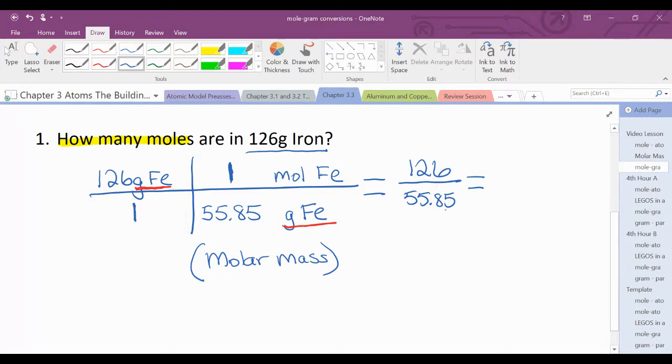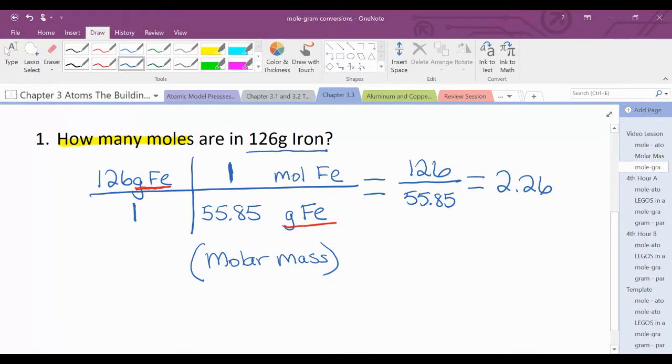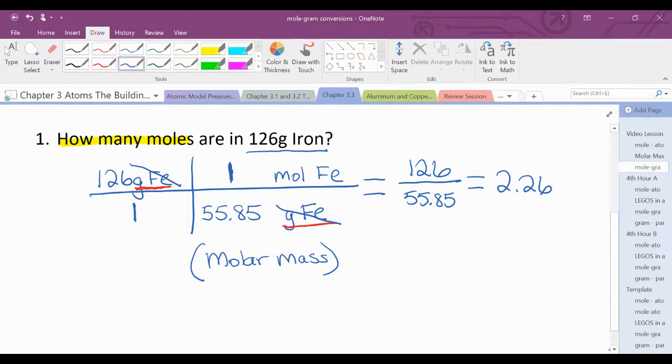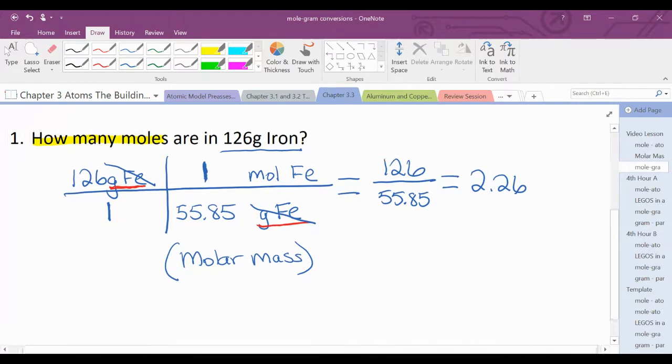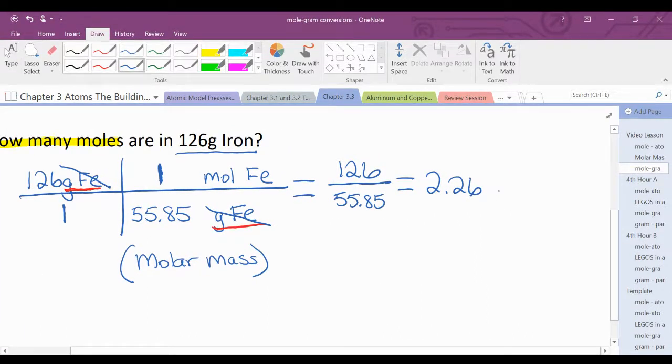The number on the bottom has 4. So I need 3 sig figs, 2.26. As far as units, when you multiply the top and multiply the bottom and then divide, units diagonal cancel. And so I get 2.26 moles of iron.